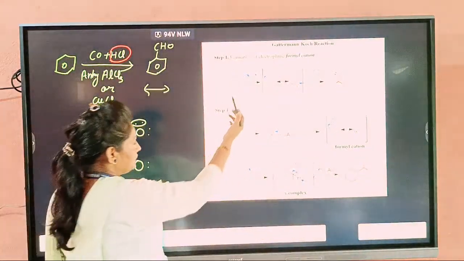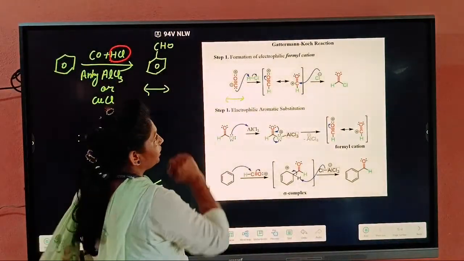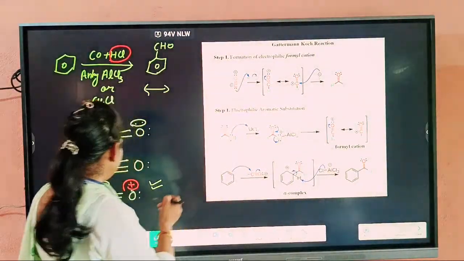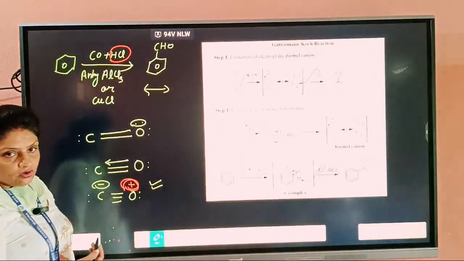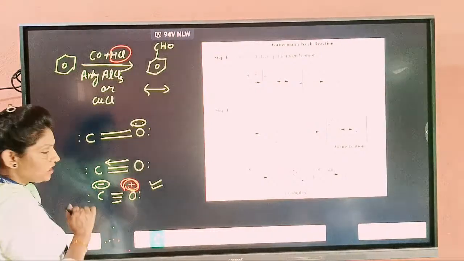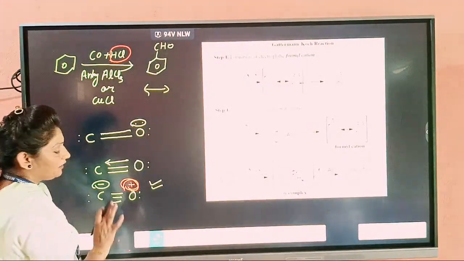This is the structure of carbon monoxide. Here the positive charge is on the more electronegative element and the negative charge on the more electropositive element, which makes it unstable.